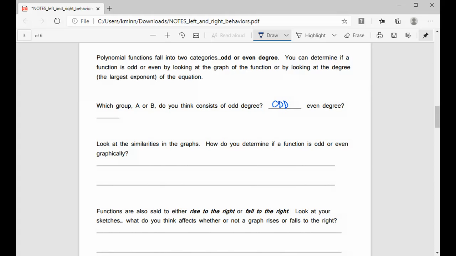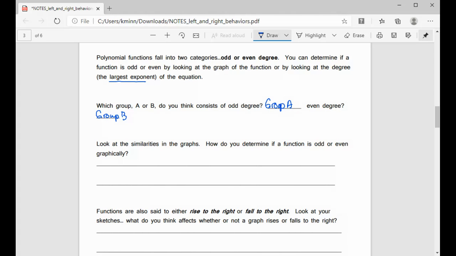And the even degrees ended up coming from Group B. You can determine that by looking at the highest or the largest exponent of each equation.